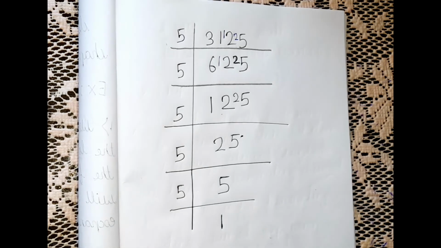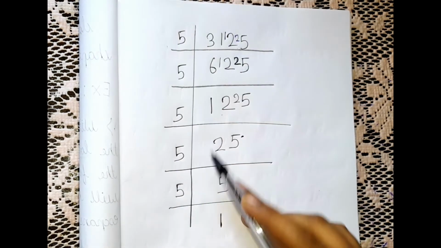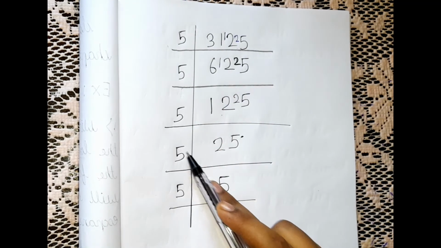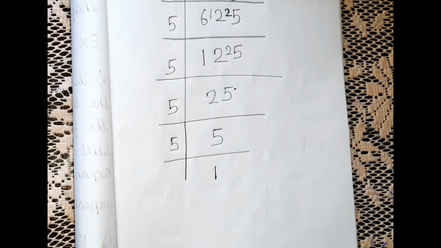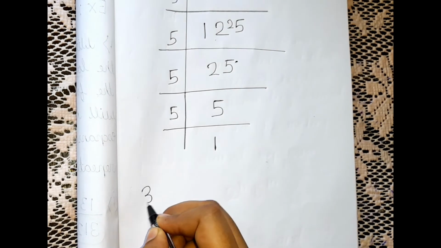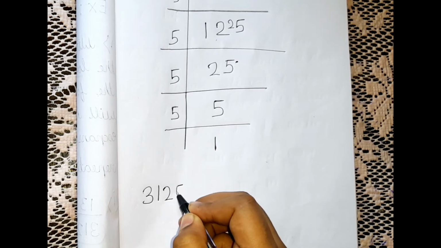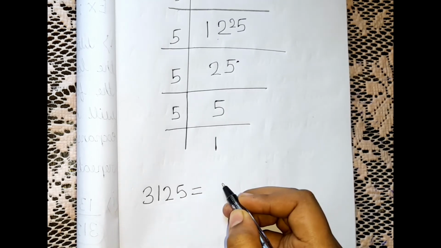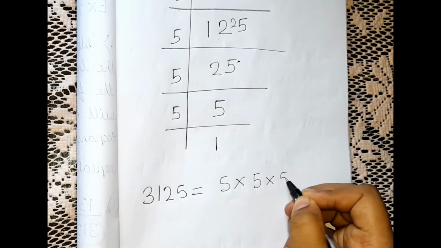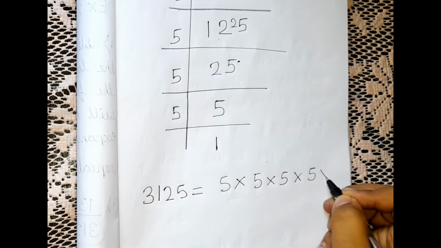Now we are going to be writing these numbers, that is 5 into 5 into 5 into 5 into 5. Now let's write 3125 is equal to 5 into 5 into 5 into 5 into 5.